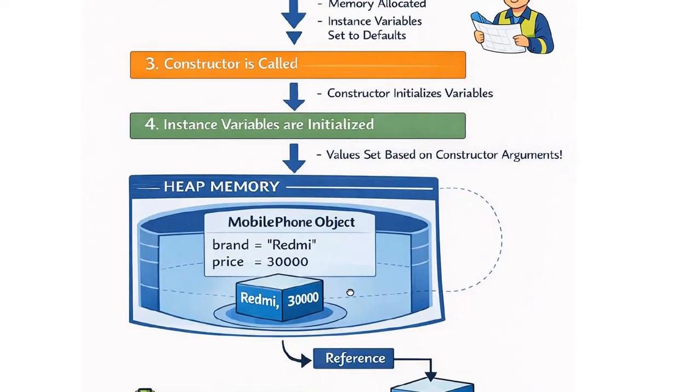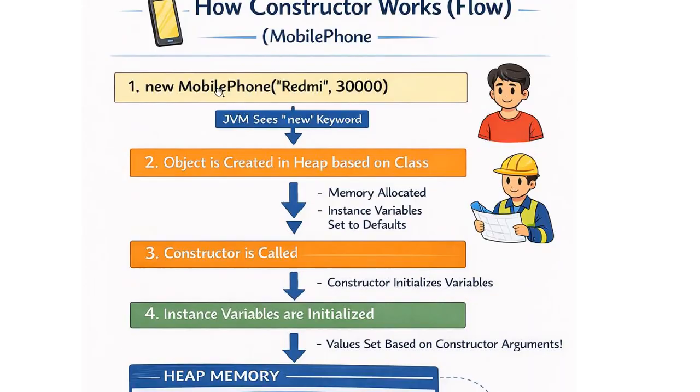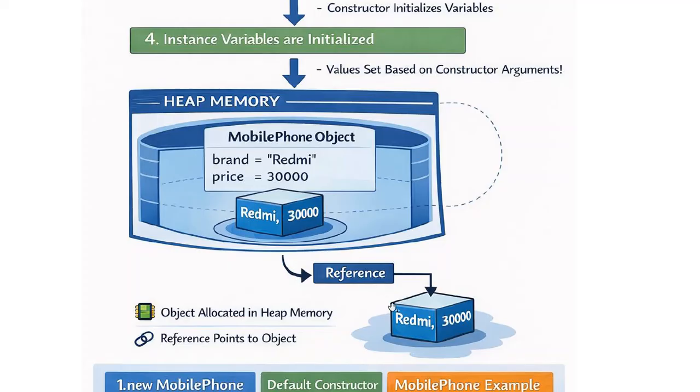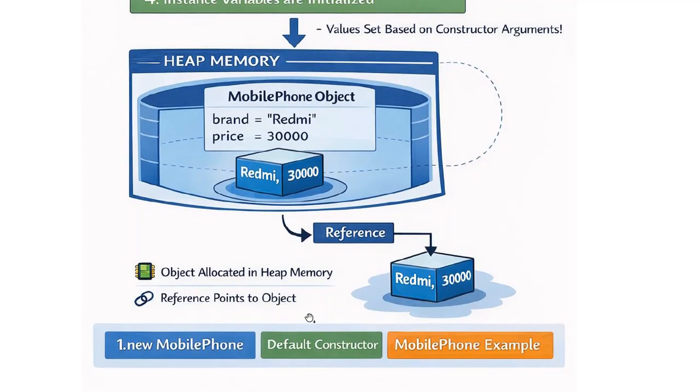Next, this will be referred to by which variable? The object reference variable. If you refer to that variable, it will give the values Redmi and 30,000. So, an important point: the space allocated in the heap memory area is called the object. We have a reference to refer to this object, and that is called a reference variable.